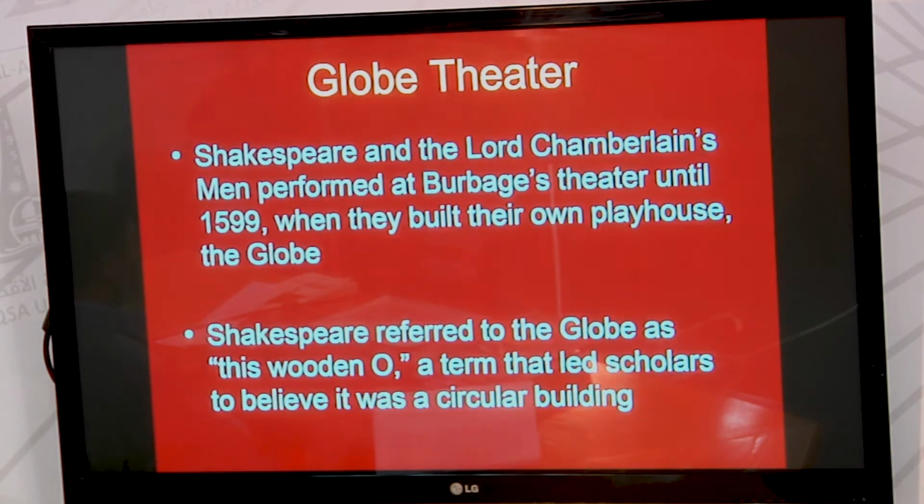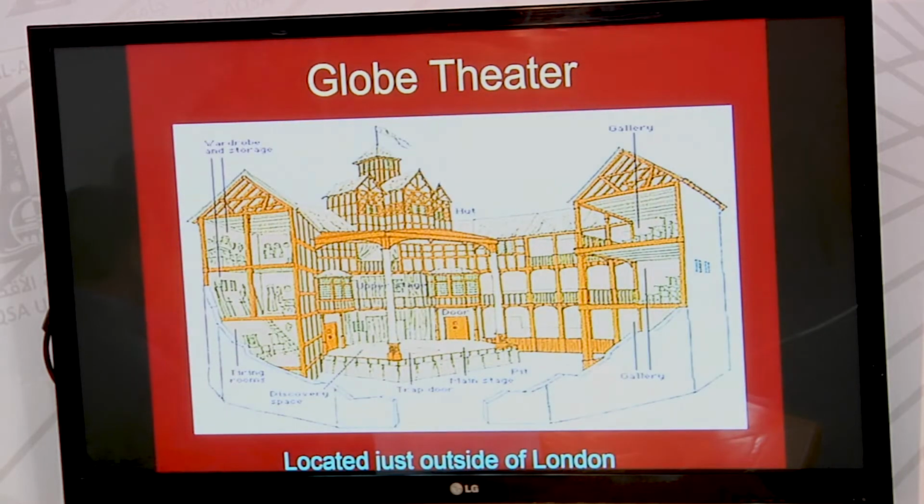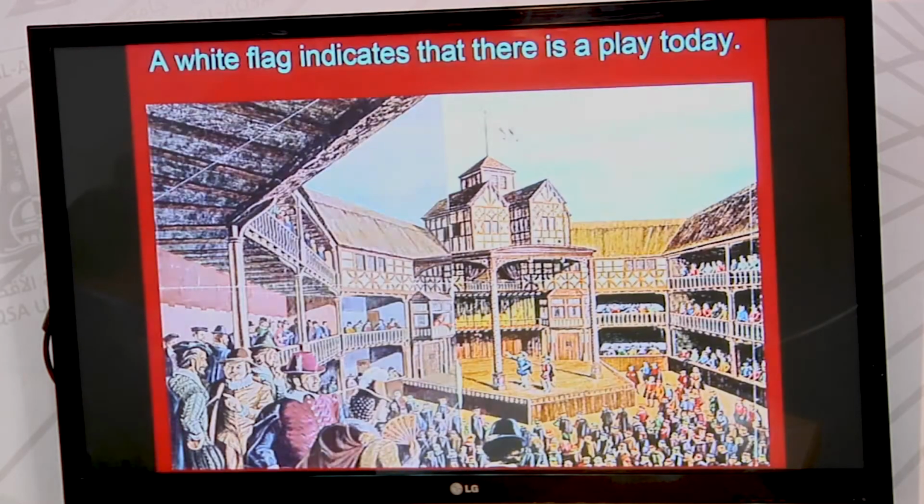Shakespeare referred to the Globe as this wooden O, a term that led scholars to believe that it was a circular building, like an O. And here is the Globe. If there was a flag and this flag is white, it indicated that there is a play today.